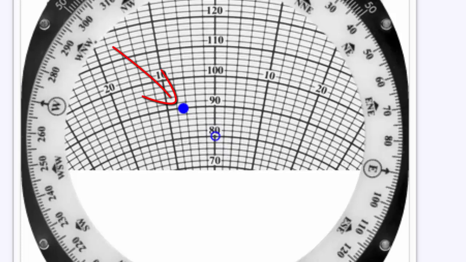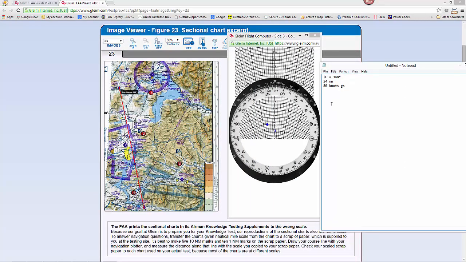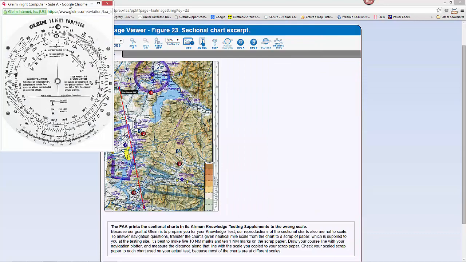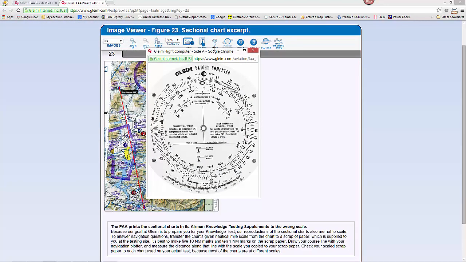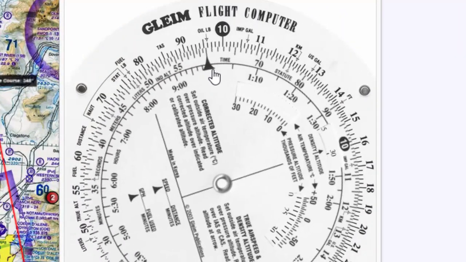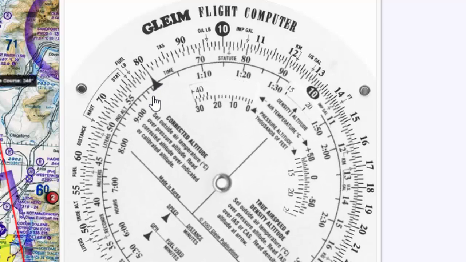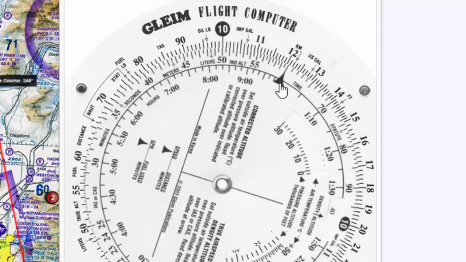So now that we know our ground speed and we measured our distance, we can calculate how much time is required. To do that, we'll use the other side of our E6B. And how this works is every E6B has a heavy arrow drawn at the number 6 or 60. We always set our rate at the large arrow on our flight computer.